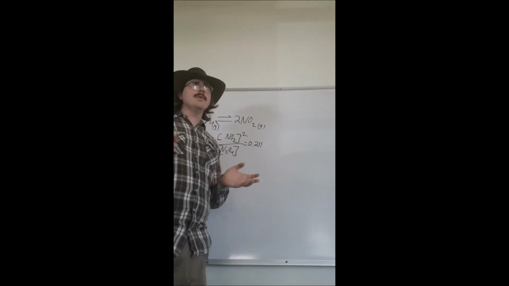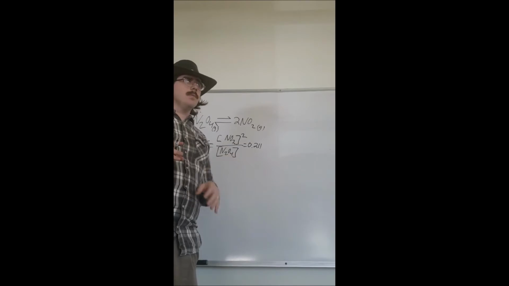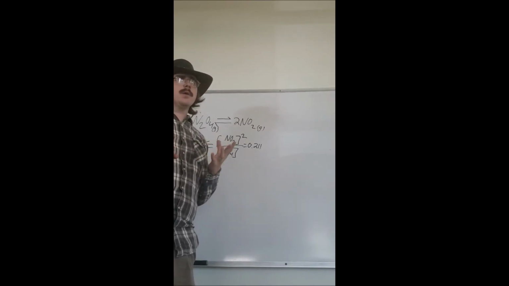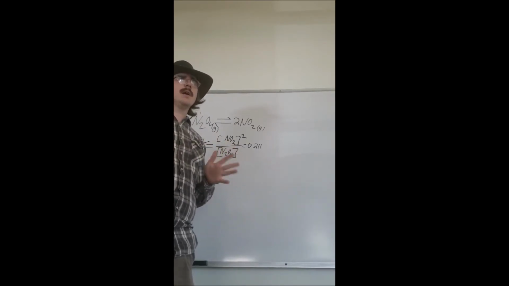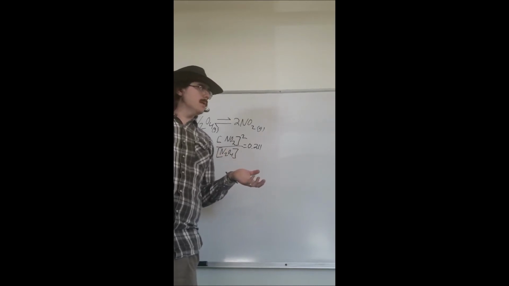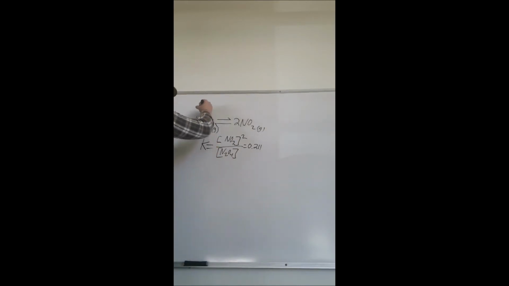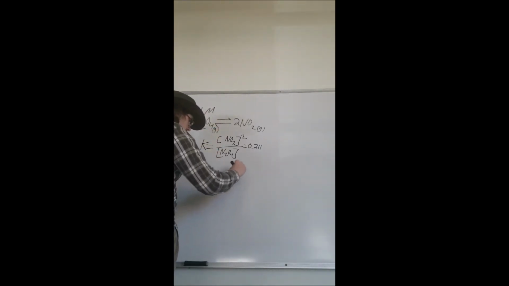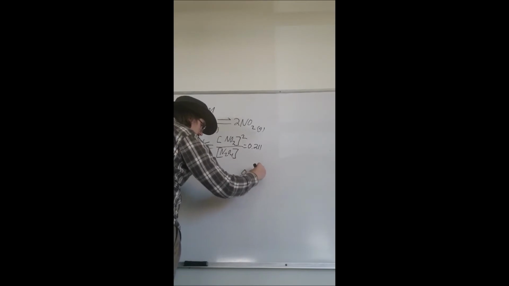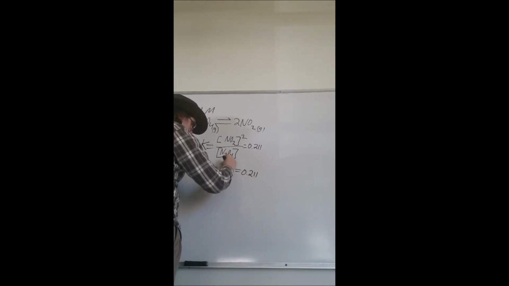Now, what else can we do with K from that situation? Well, if we know K, we can solve for various product or reactant concentrations, given we know the K, of course, and the other components. So what do we do if N2O4 is 1 molar at equilibrium? What would the concentration of NO2 be? Well, if we know that, we can plug that in. 0.211 equals x squared over 1.